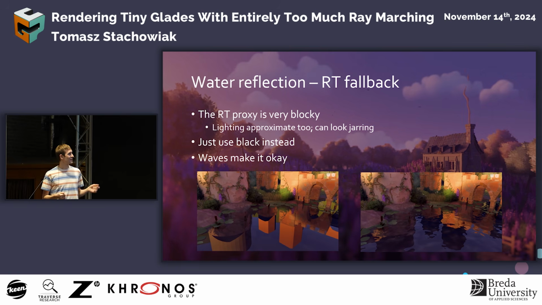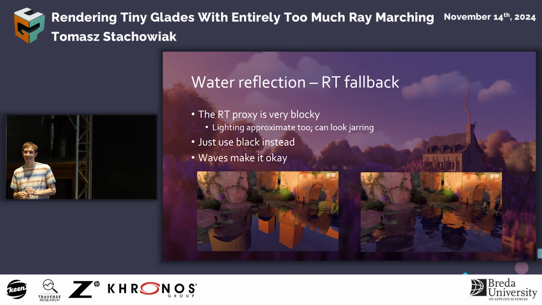So the ray tracing pass has to make something up, and sometimes it looks a bit too bright, a little bit too dark. And we found that it's better to just fall back to blackness, because what you're very often after is just blocking the reflection as opposed to actually generating proper results out of it. Maybe for a game with a theme park, it would be a different story, but in our case, stuff can be dark and looks fine. And then the waves actually break up the geometry sufficiently that you really don't notice that everything is just this Duplo land.